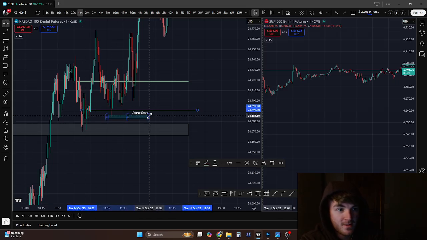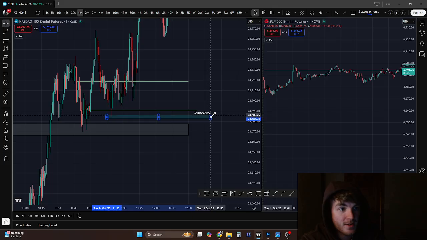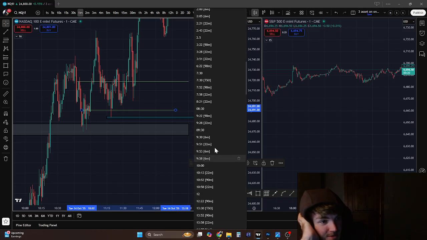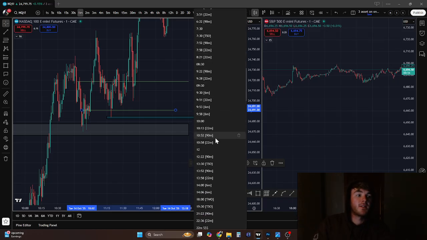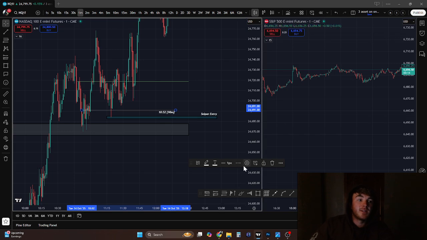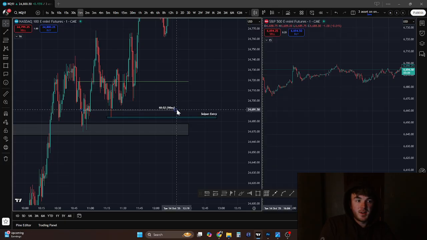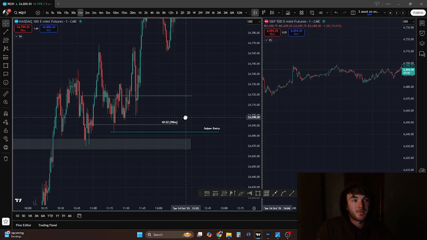Check that out. The sniper model entry is perfectly below 10:52. Just absolutely beautiful. Is that a coincidence? No. Smart money. There's a reason this sniper model ended up holding, and it's because it's perfectly right below 10:52.